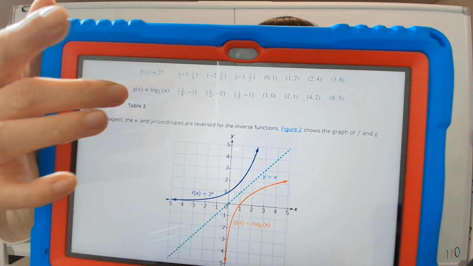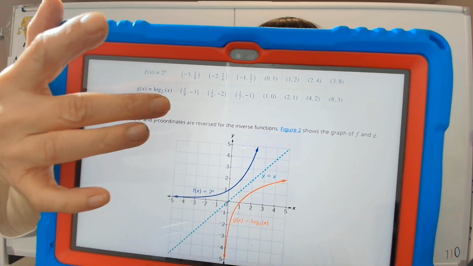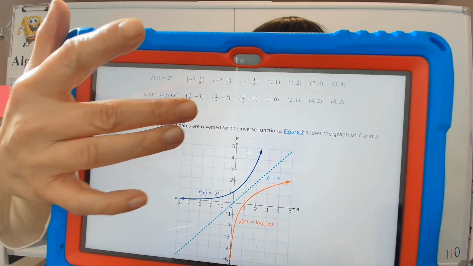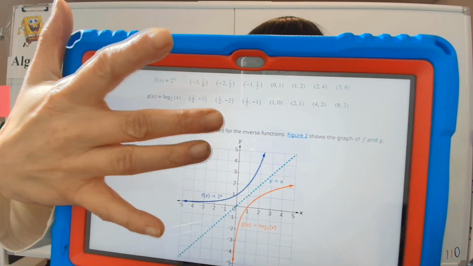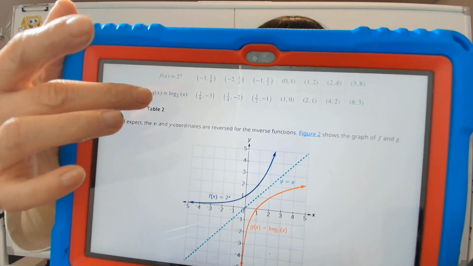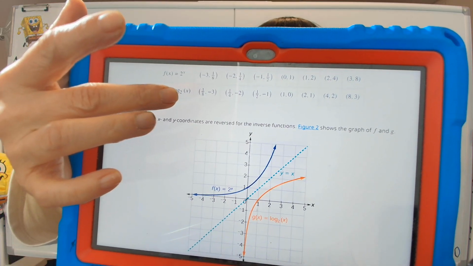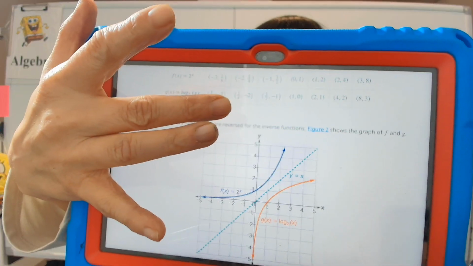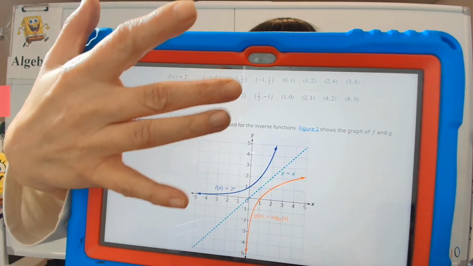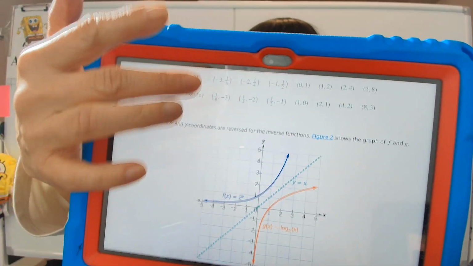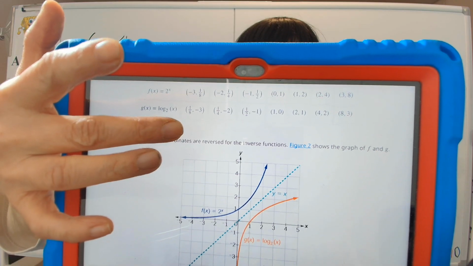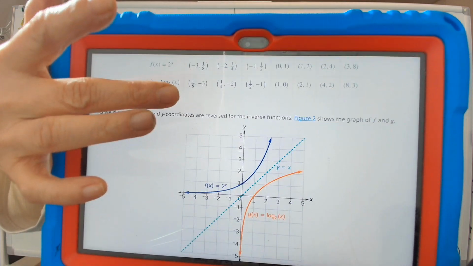And similarly, if x is 1/4, the calculation is 2 to what power equals 1/4? And 2 to the power negative 2 is exactly 1/4. So you notice that these positions are related, except that you're just flipping x and y around, which means they're inverse functions.